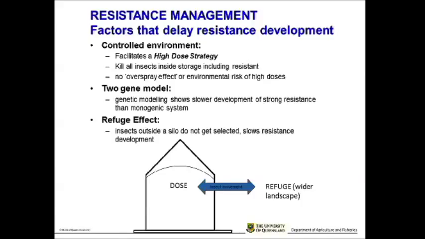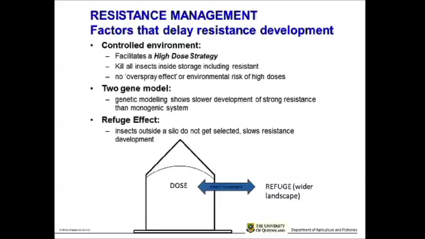There are a number of factors that contribute to that, and one is that it is a controlled environment, so it really does facilitate a high dose strategy. So you can maintain higher doses for a longer time, and you can kill resistant insects or reduce their population down below the threshold that you're even able to sample them.